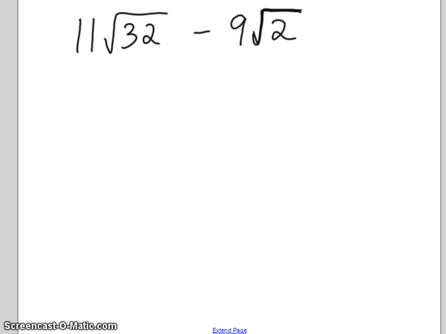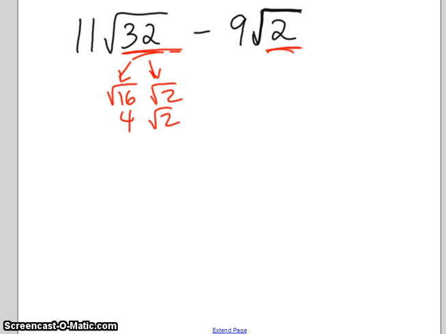Same thing with subtraction. See if we can simplify them first, especially when they're not like radicands. So 32, we've done the square root of 32 before. That's 16 and 2, which is 4 square root 2.